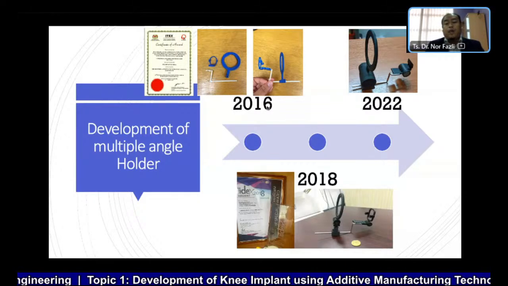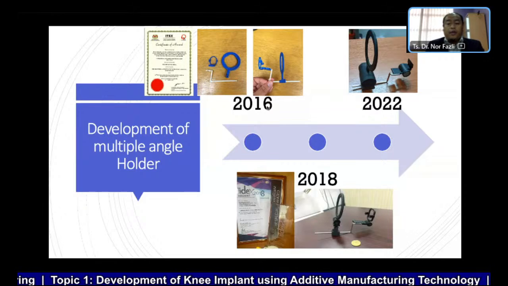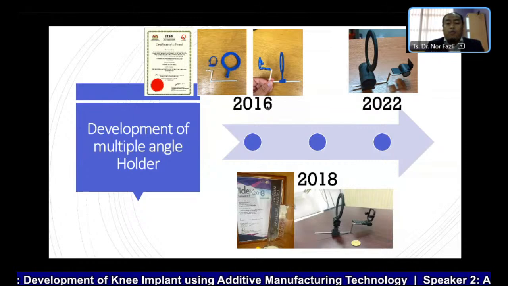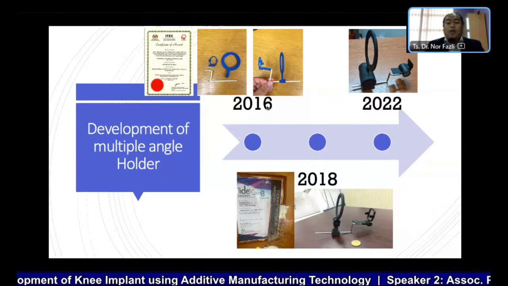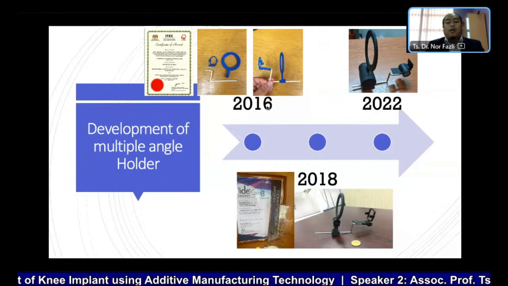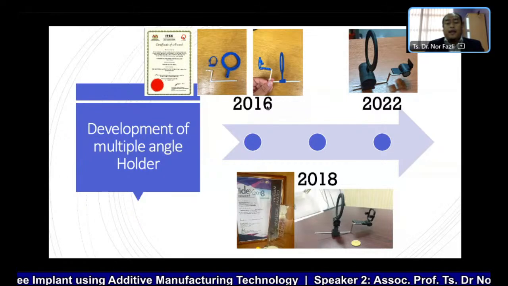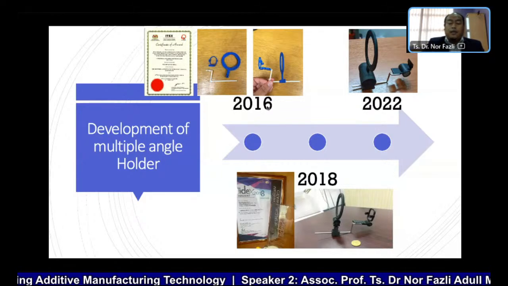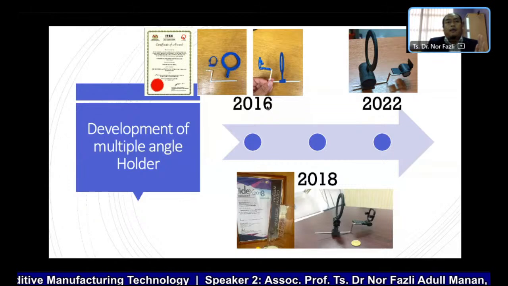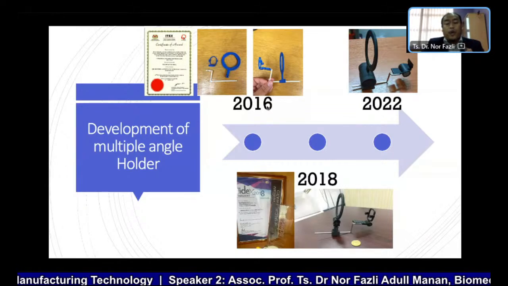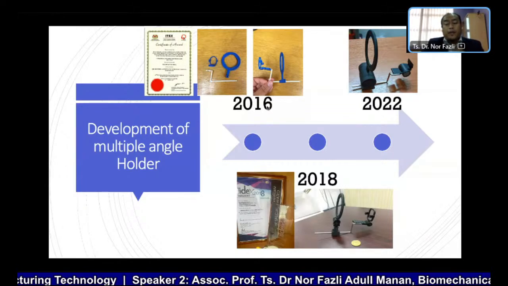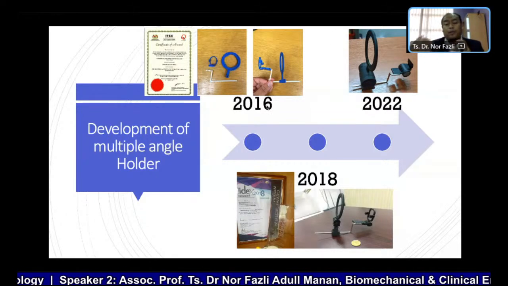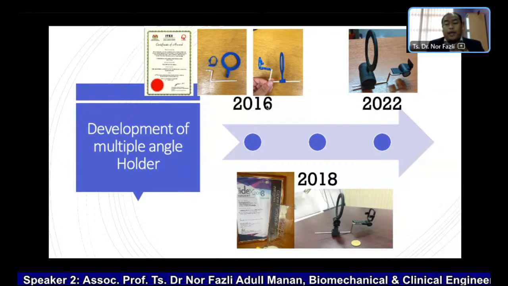Then in 2018, this Rinn holder moved further. Instead of one fixed angle, it is now able to be inclined in a few angles, depending on the patient's teeth. However, it is manual, where we need to open the slot and lock it at the angle.